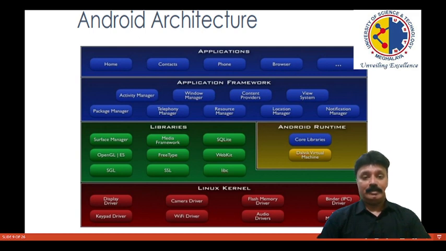Then at the application framework level: activity manager, window manager, content provider, view system. It is all about screen management and the user interface. Then the libraries: surface manager, media framework, SQLite, that is the database storage, WebKit, FreeType, OpenGL, SGL, SSL, and we'll see them one by one.